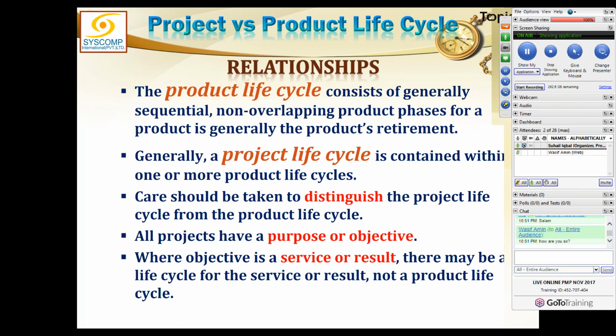So far we are only talking about the product life cycle. If you are dealing with a service or result, then it would be a service life cycle or a result life cycle. But generally speaking, we refer to it as the product life cycle. Actually this should be called a service life cycle or a result life cycle if it is not a product life cycle.